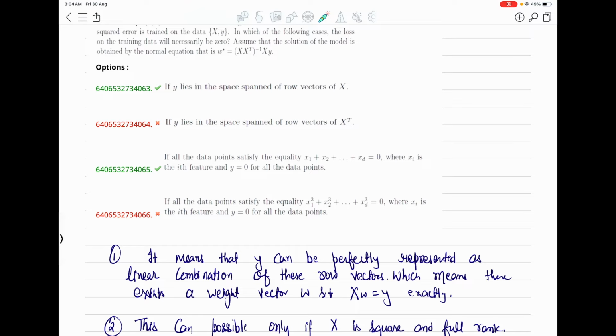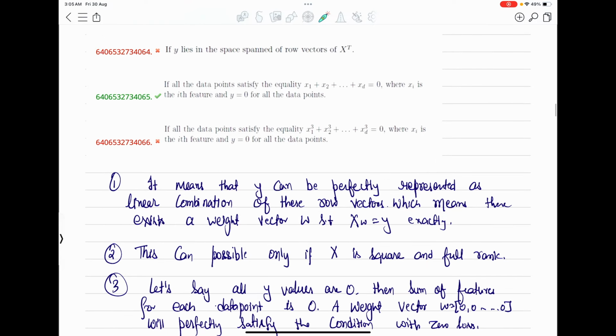Because y lies in the space spanned by the row vectors, so we can write it as a linear combination. That means there exists a weight w such that x w equals y exactly, and for every point, x dot w will be exactly equal to y, which is our original data point. So yes, this is true.